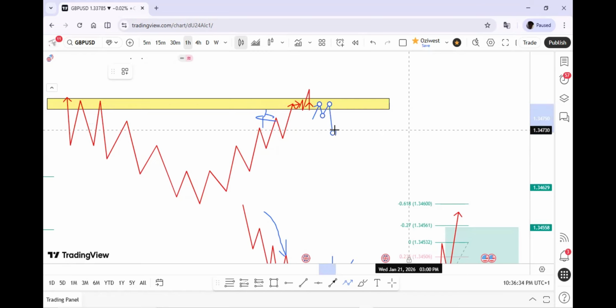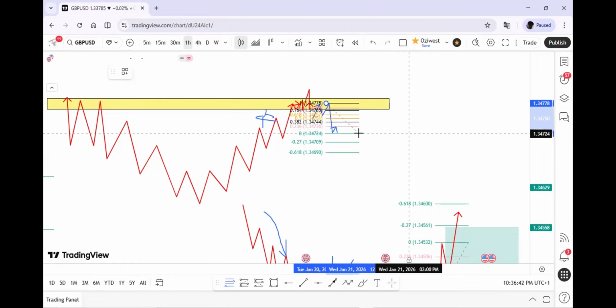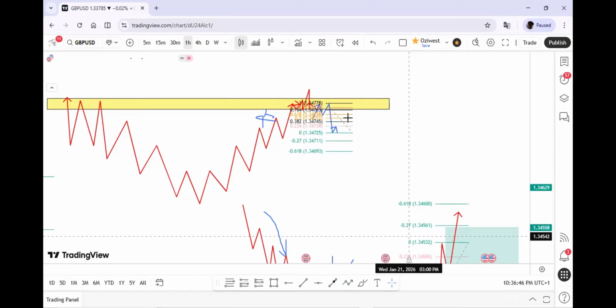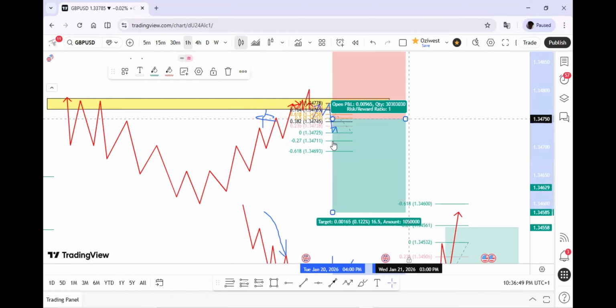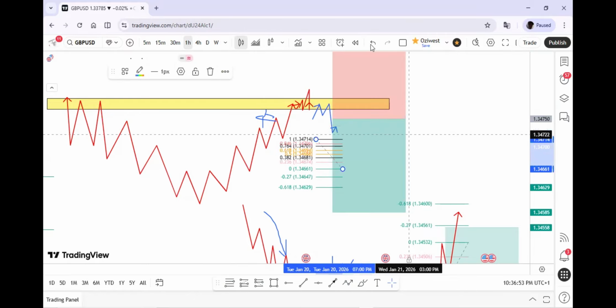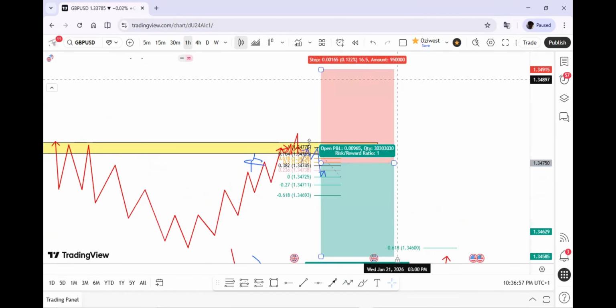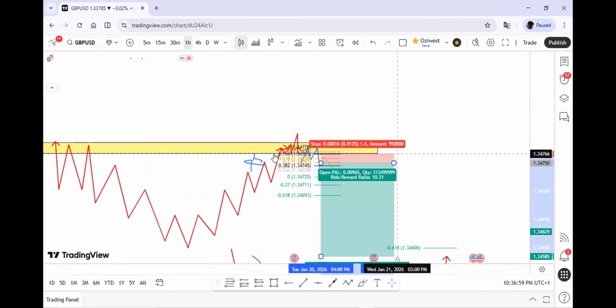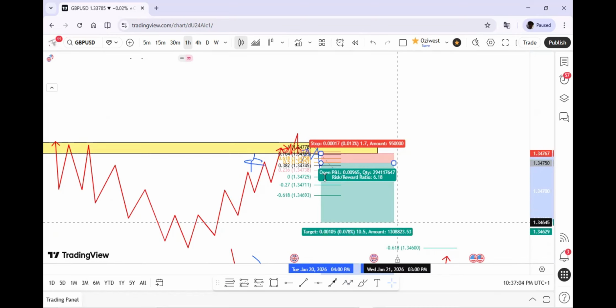Once price starts to retrace, you pull out your Fibonacci, draw it from that swing high to where price started to pull back from, and place your limit order at that 50% level with stop loss above 0.764 and aim for 2 times your risk.